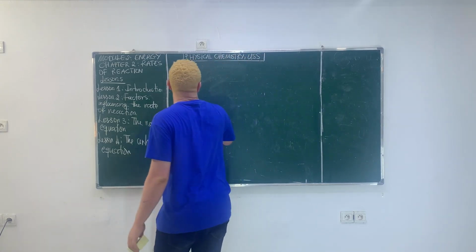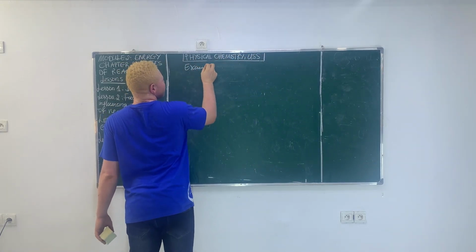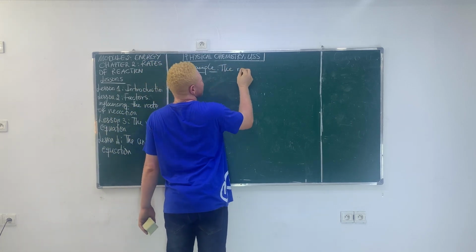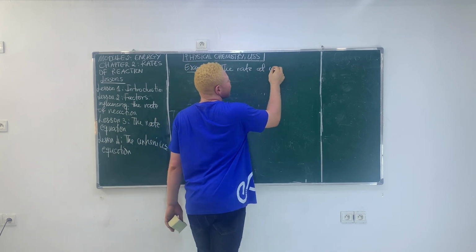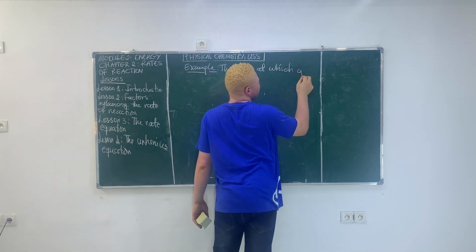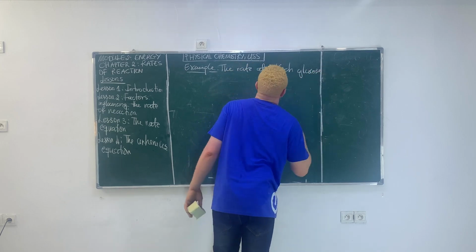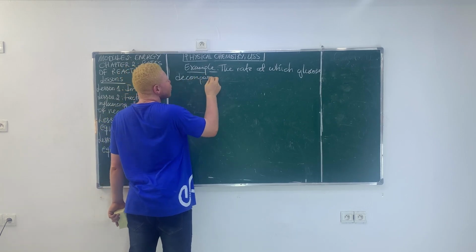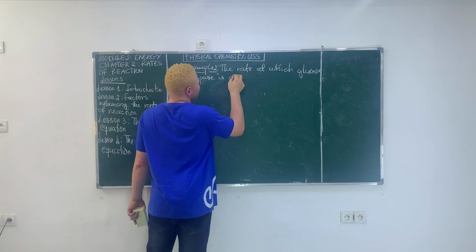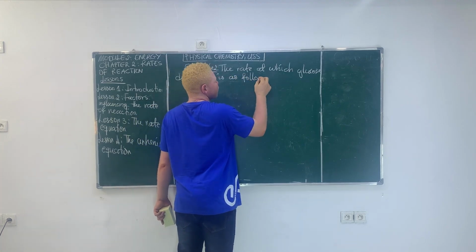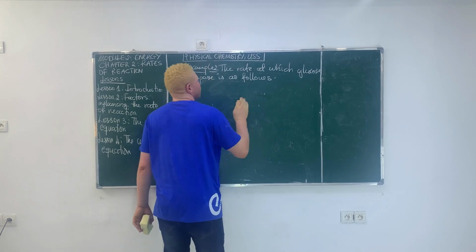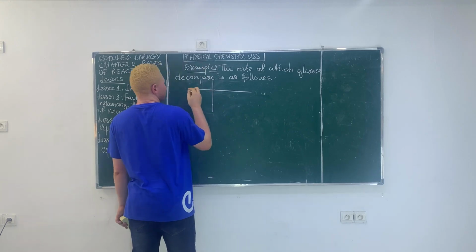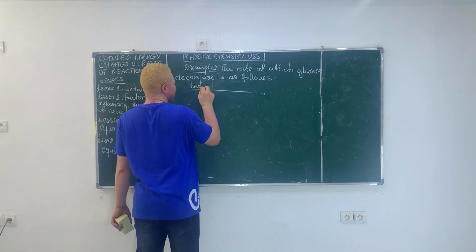So example 2. The rate at which glucose decomposes as food. We have the super time rate in minutes.